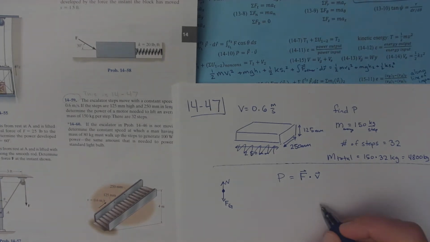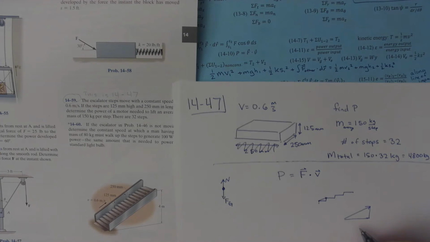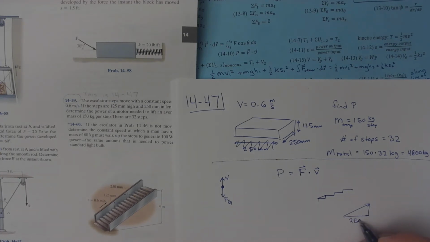So let's draw a picture here, like this. If you look at a point here, sometime later, that point's going to be there. And let's blow this up a little bit, because the length of the step is 250 millimeters. This side has a length of 250, and this side has a length of 125.